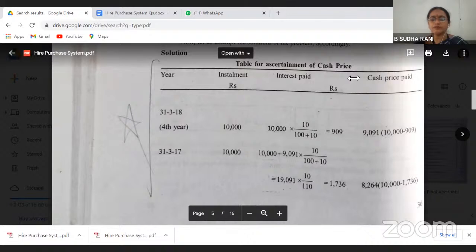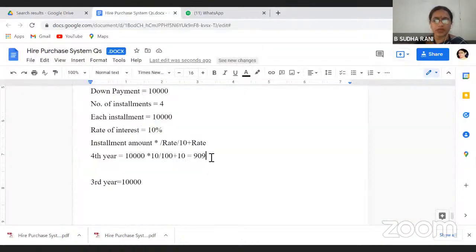To the 10,000, the fourth year paid cash value 909, we add. Then you will get 10,909. Upon that calculate 10% interest at 100 plus 10.